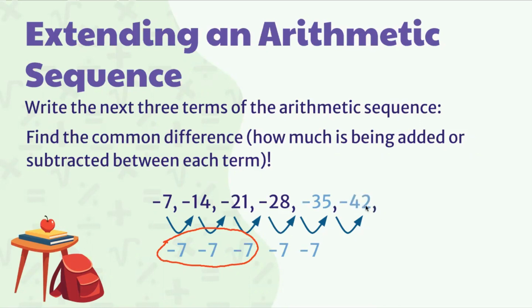Here's the second term you're looking for, and do that once more to find the 3rd term. And so -42 minus 7 would give you -49, and so these are the next 3 terms that you are looking for. So all we're doing here is finding the common difference and then applying that to find our next three terms.